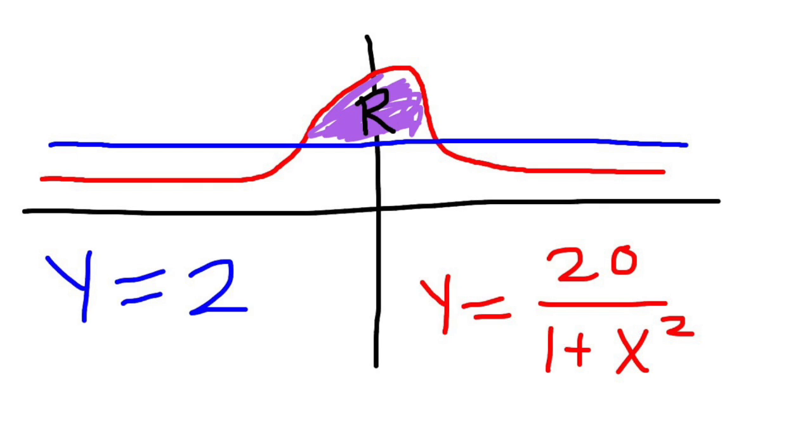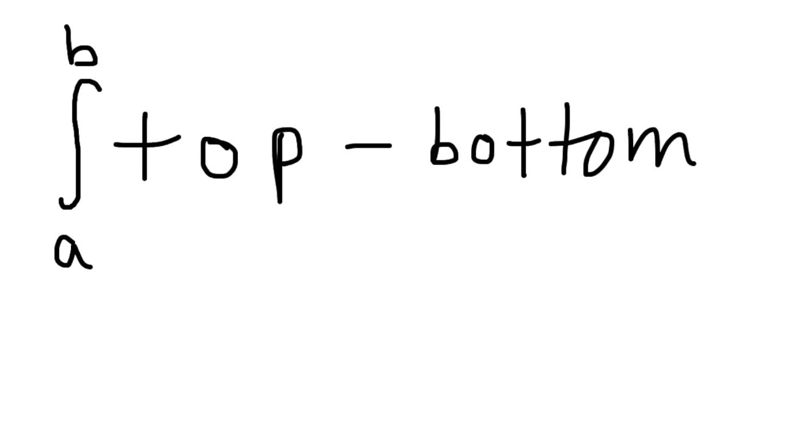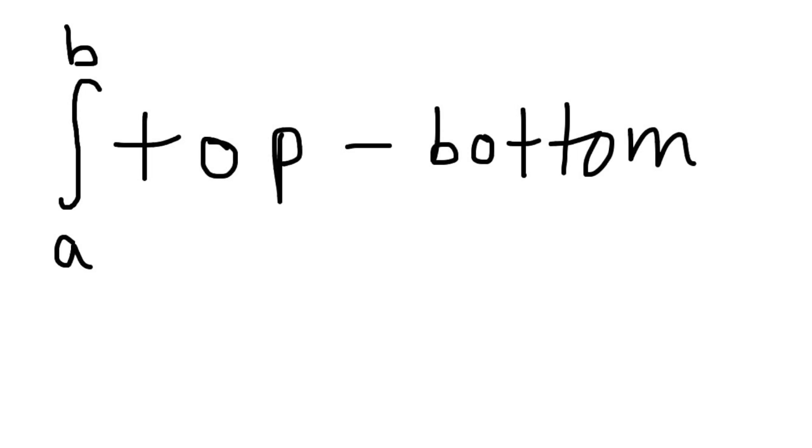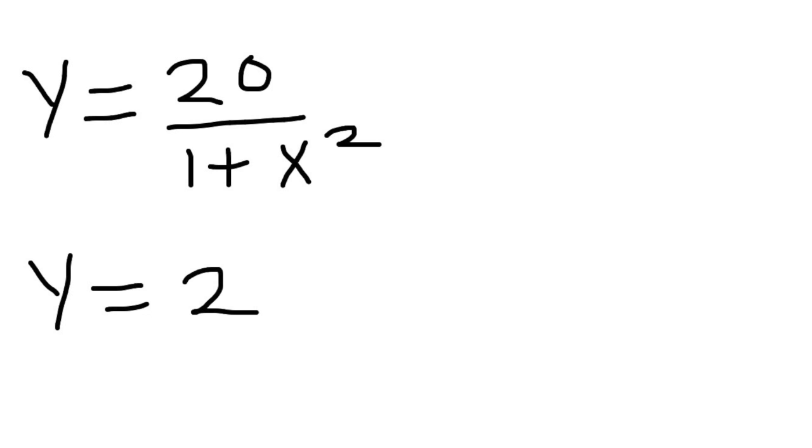So in order to find this area, the formula is the integral from a to b of top minus bottom. Like I said, your top function is 20 divided by 1 plus x squared, and the bottom function is 2. And in order to find a and b, you have to find the place where these two functions intersect, because that's the limits of the integral.